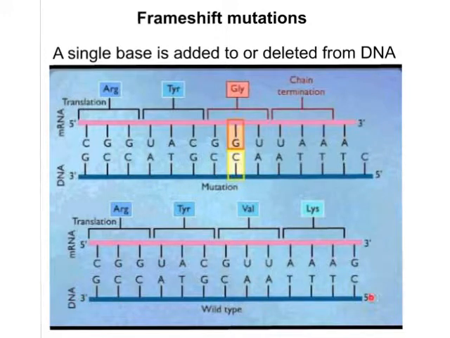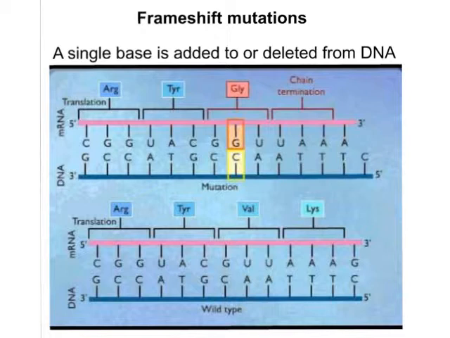Right here, we have our normal wild type DNA strand and mRNA strand, and those have been producing these amino acids, or they are going to anyway. That's an example of what would happen.